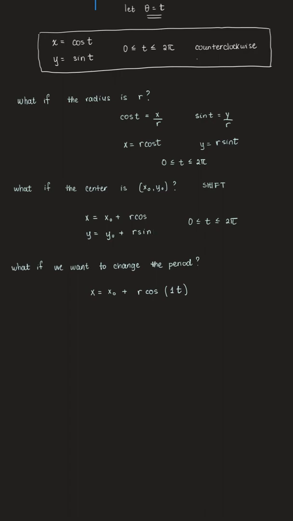So what this 1 tells us is that one cycle is completed in 2 pi radians.